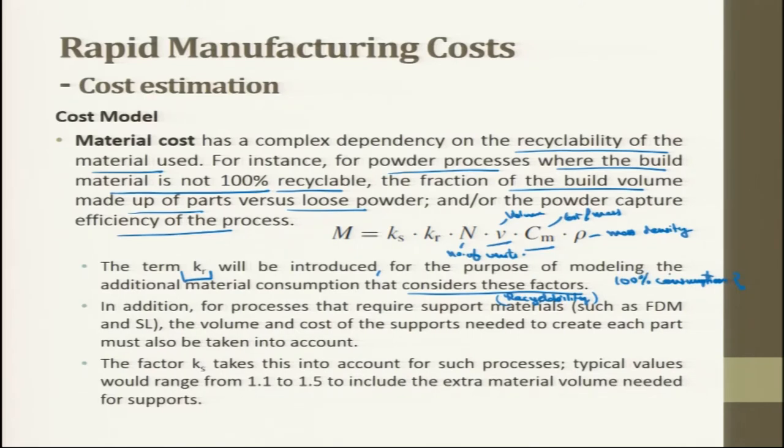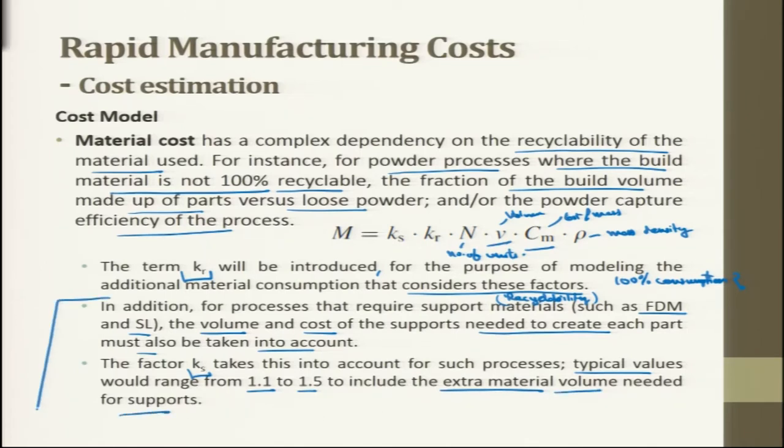In addition, for processes that require support material, such as fused deposition modeling and stereolithography, the volume and the cost of the supports needed to create each part must also be taken into account. Factor Ks takes into account such processes. Typical values of Ks vary from 1.1 to 1.5 to include the extra material volume that is needed for supports.